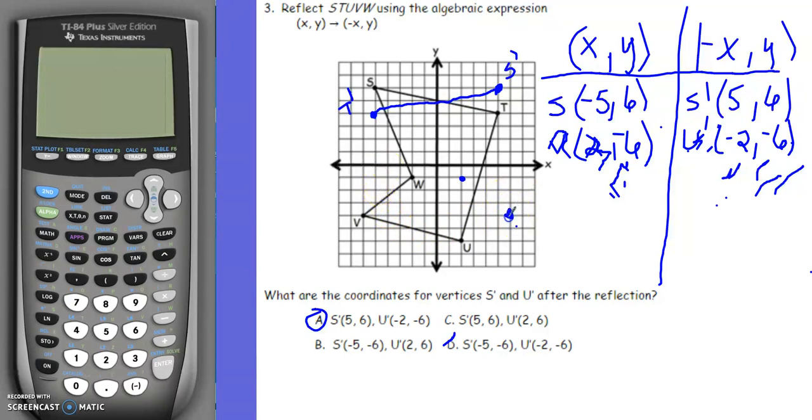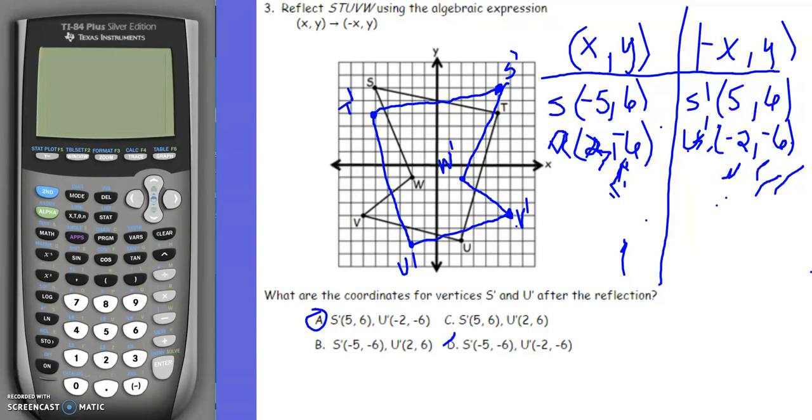This is V prime. And U is 1, 2. So it's going to look like this, this, this, and this, which is the reflection.